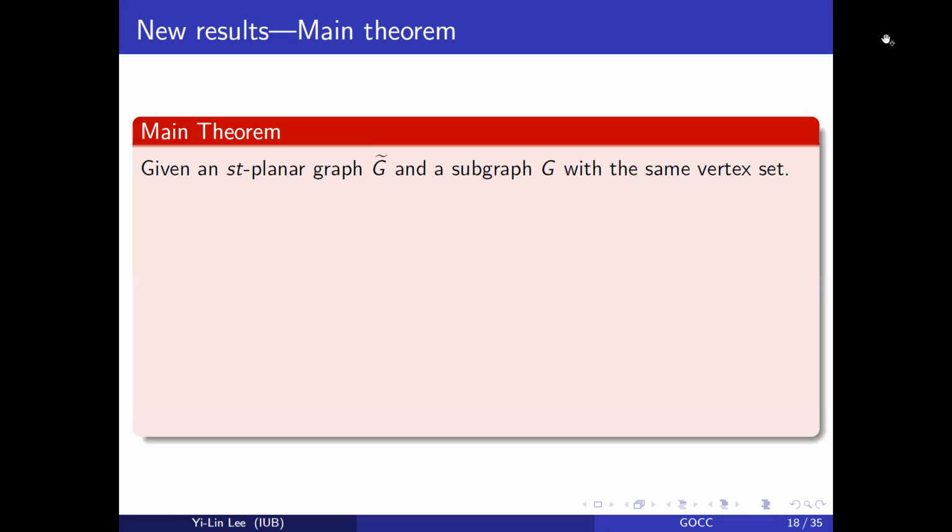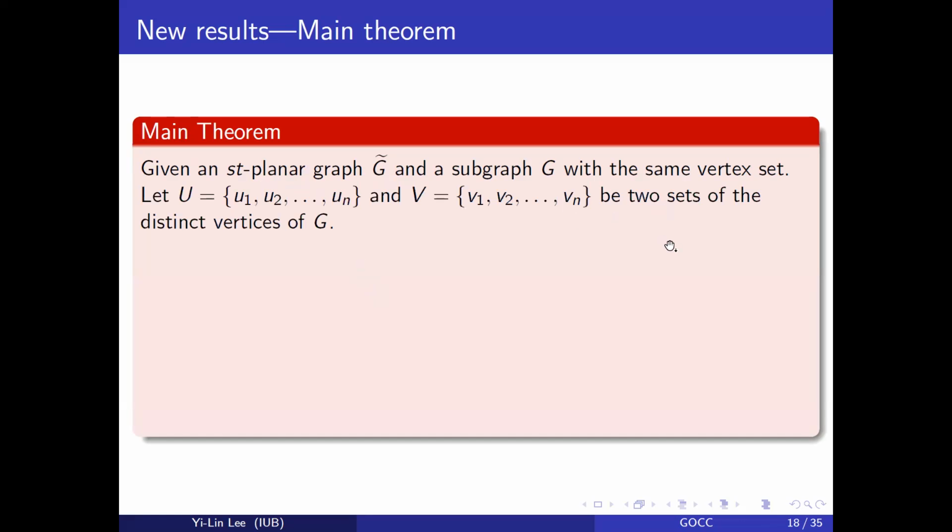Okay, so let me just state the main results. Now we focus on the graph having an upward planar drawing. In other words, you can think of it as a subgraph of an ST planar graph on the same vertex set. And we have two sets of distinct vertices, U and V. You can think of them as the set of starting points and the set of ending points.